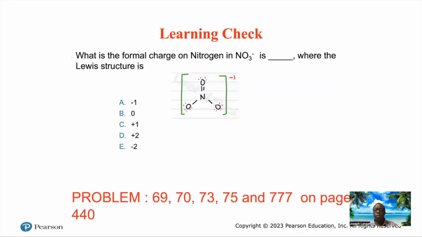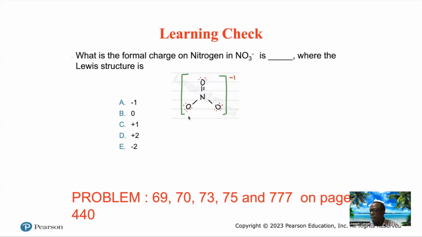It's pretty straightforward. All you have to do is remember the formula. Here is an example on how to calculate the formal charge. Learning check. What is the formal charge on nitrogen in nitrate ion? This is the nitrate ion.